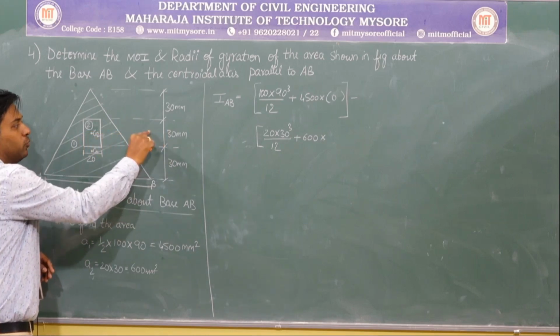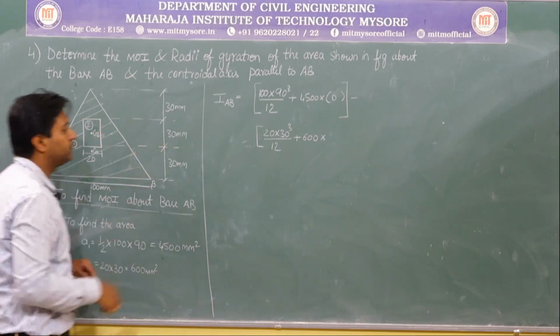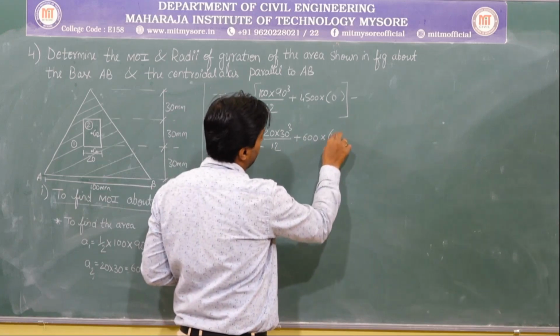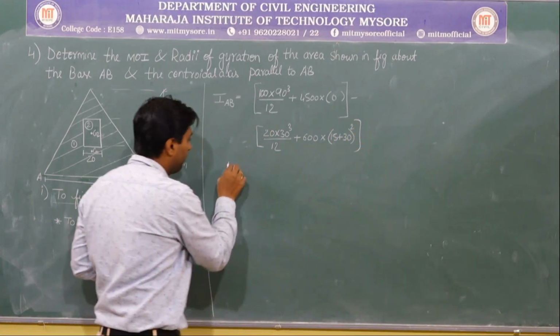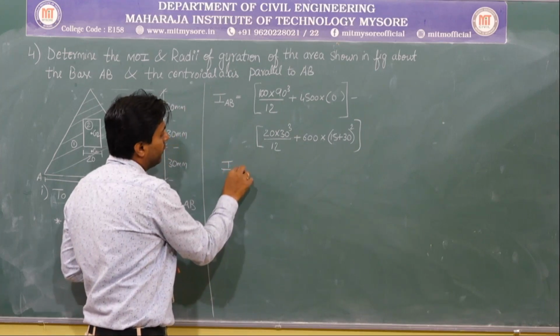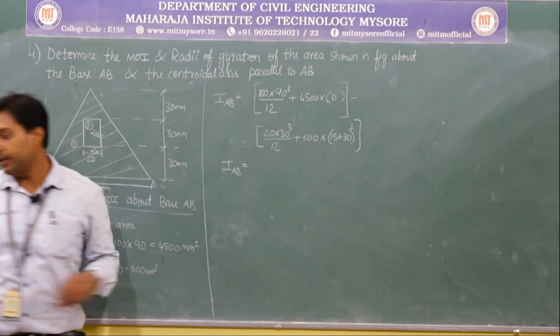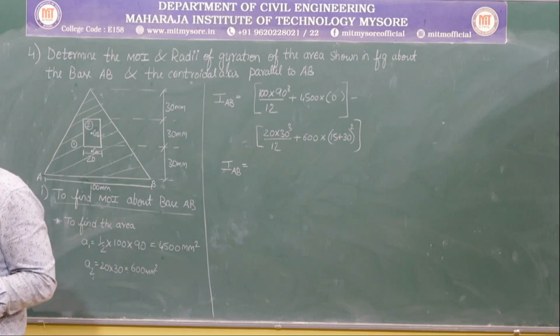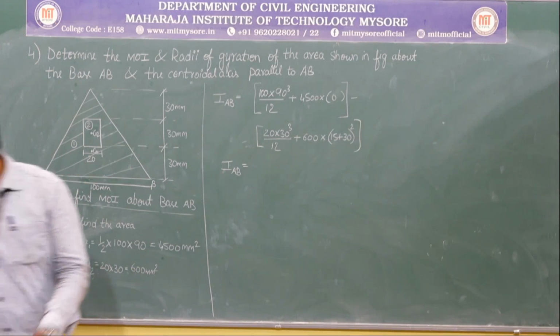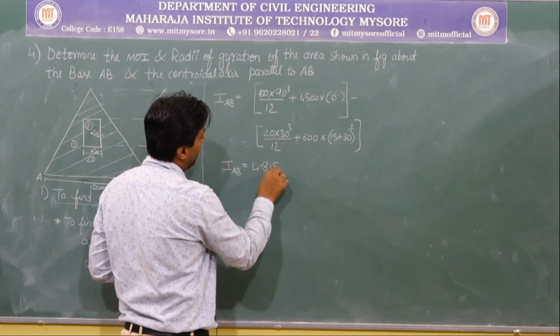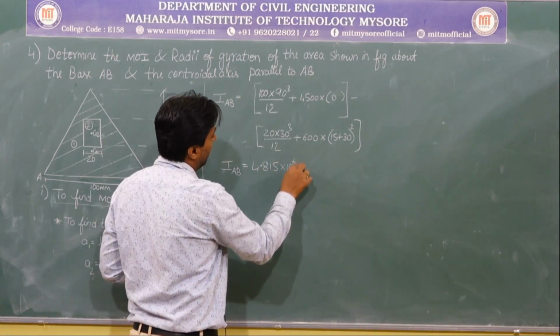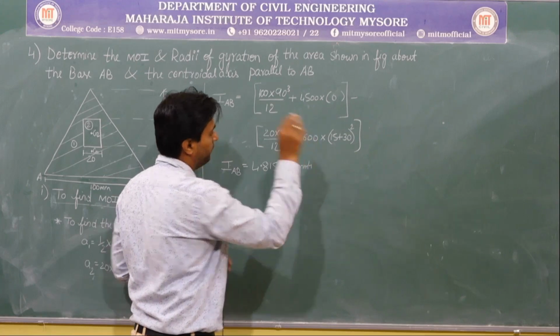It is 30 by 2, that is 15, plus 30, so 15 plus 30 whole square. If I solve for this, the value of IAB will be 4.815 into 10 power 6 mm to the power of 4.